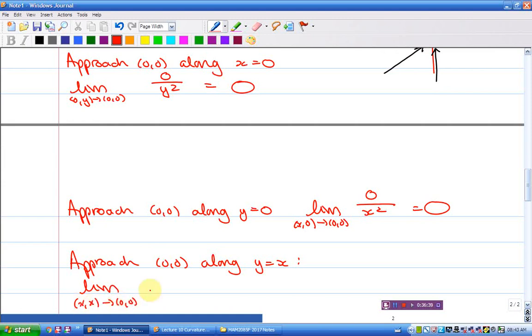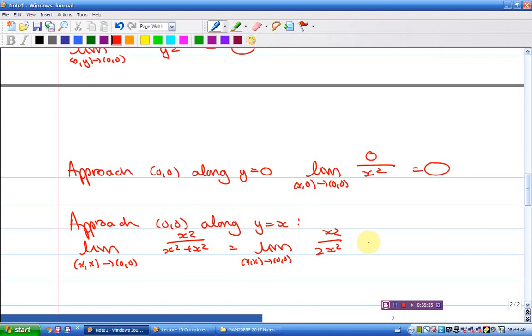I'm replacing all my y's with x's, so I'm going to get an x squared at the top and x squared plus x squared at the bottom. x squared over 2x squared is just a half, and the limit of a half is a half, whether x is tending to 0 or pi or 10 or 1001. x can tend to whatever it feels like. The limit of a half is a half. And that disagrees with the 0.